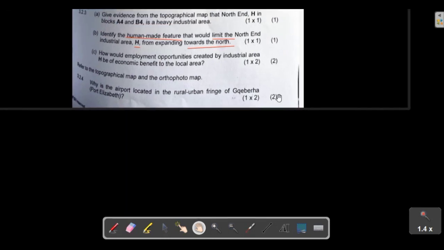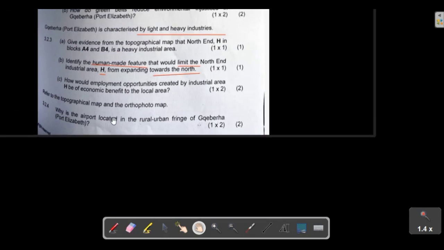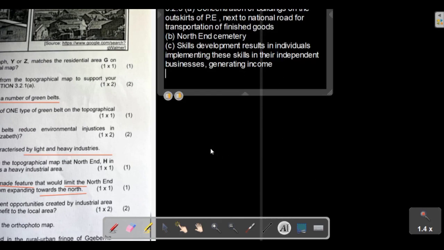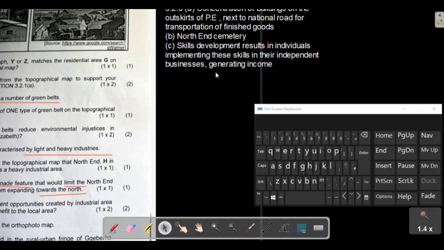There are many more even. Refer to the topographical map and the orthophoto map. Why is the airport located in the rural urban fringe? Guys, that is 3.2.4. I don't even have to look at the maps.